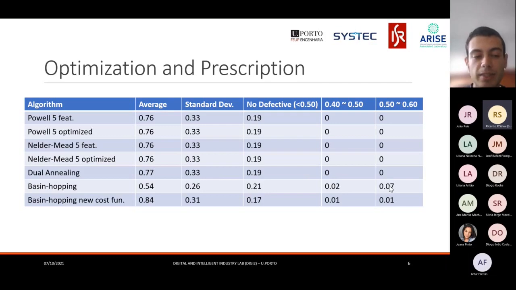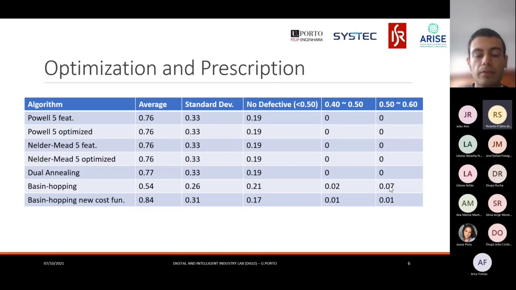However, we suspected these results. They were a bit too good to be true, let's say, and we inspected them a bit further and realized that the boundaries that we had established weren't being fulfilled. So what we decided to do next was to apply these boundaries in a new cost function in the Bayesian hopping algorithm.